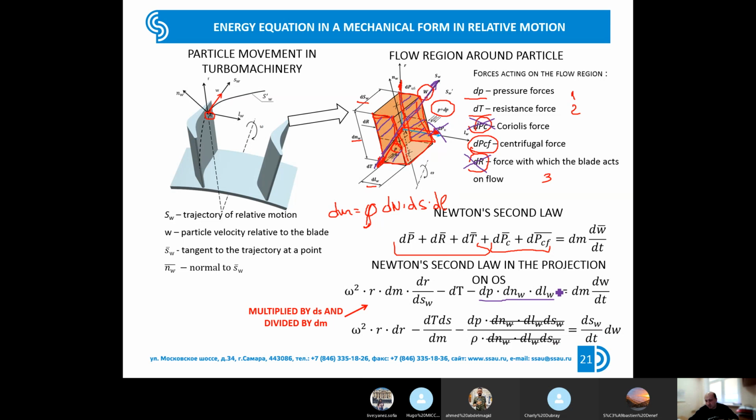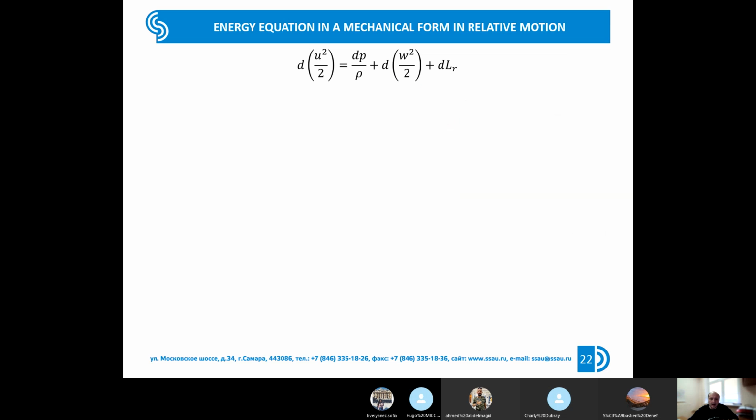And here at the right part of the formula you see distance divided by time, it's relative velocity, multiplying by the relative velocity. So finally, after all conversion, we receive such an equation.